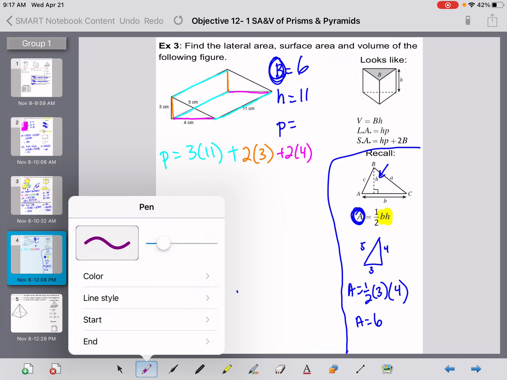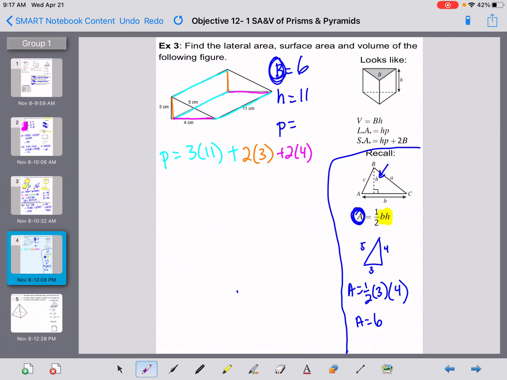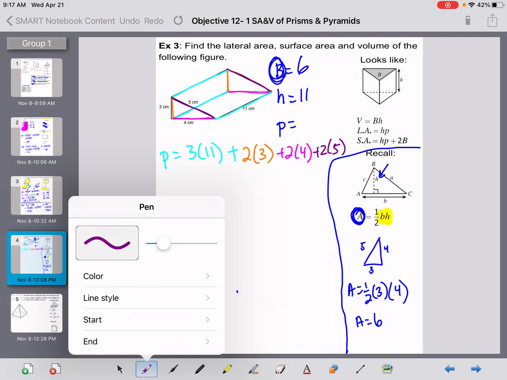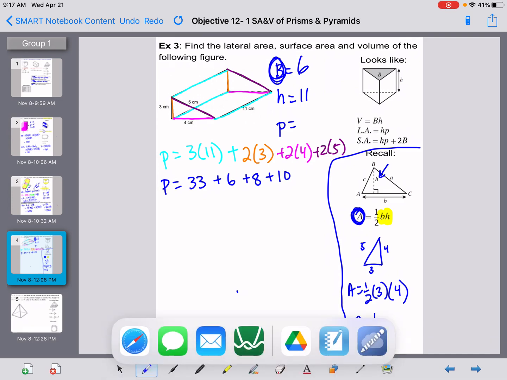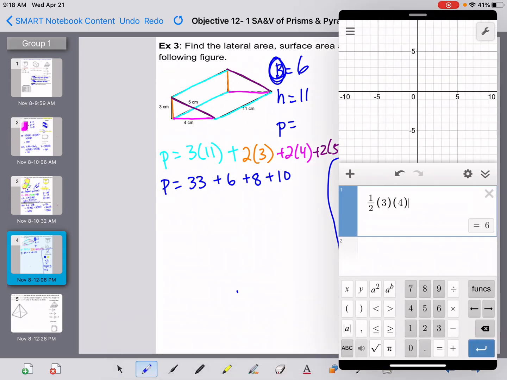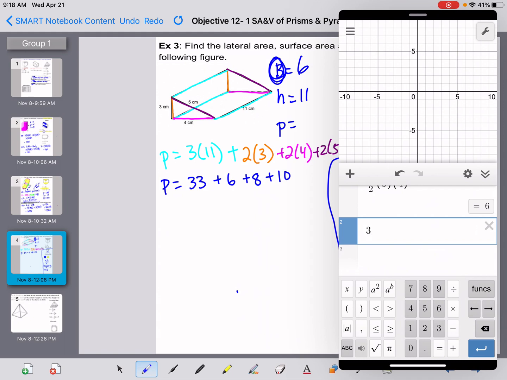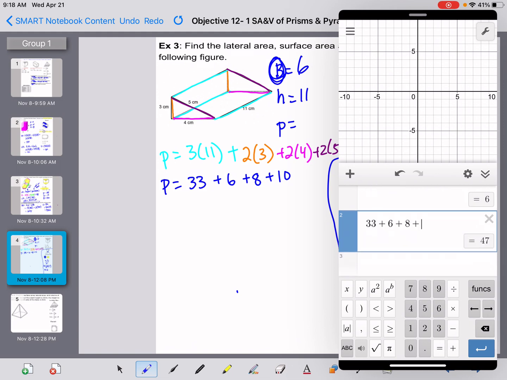We'll do purple. Now, that's a 5, and that's a 5. So I've got 2 that are 5. So my perimeter equals 33 plus 6 plus 8 plus 10. Now that's what I'm going to type in. Doing this a little bit old-fashioned and a little bit of just typing into Desmos. Plus 8 plus 10. It's 57.